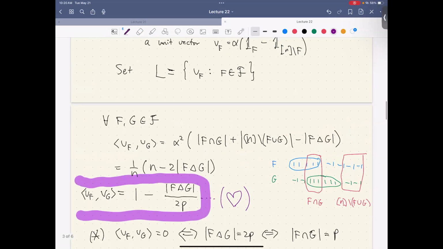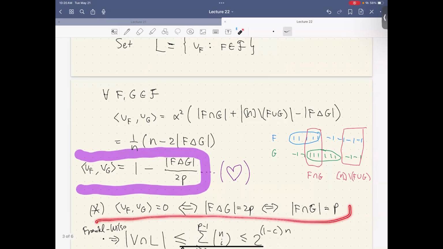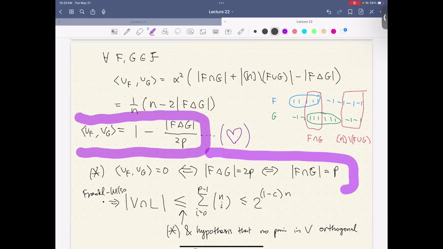For vectors in L, they are orthogonal if and only if the intersection size is p. Then we can use Frankl-Wilson. Maybe I should also highlight this, right?